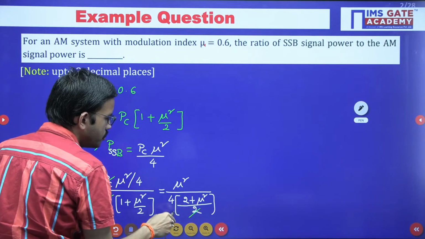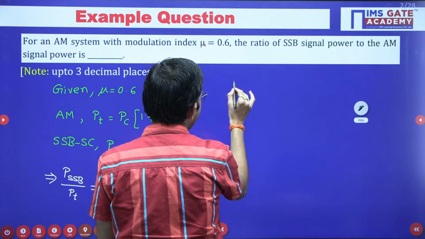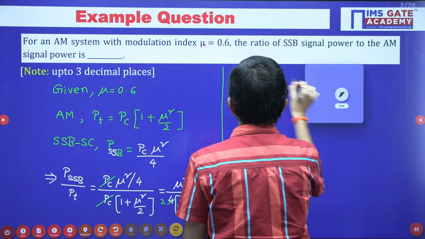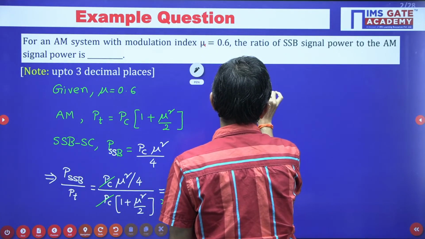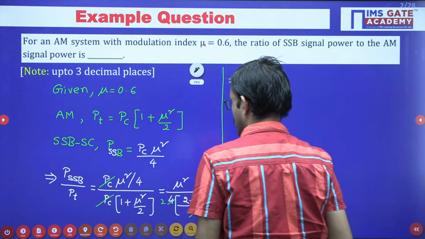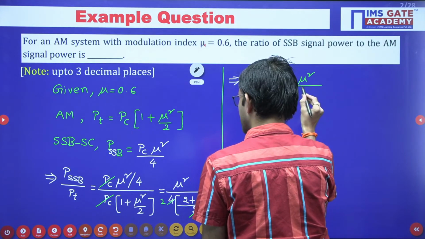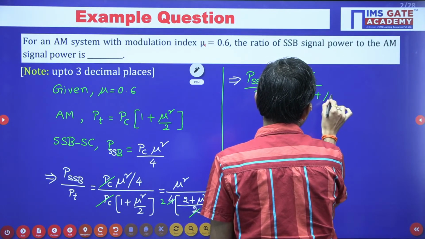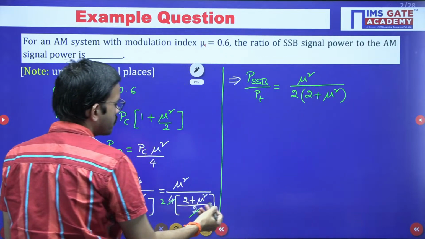So the single sideband power to the AM power is mu square by 2 plus mu square by 2, that is mu square divided by 2 into 2 plus mu square.